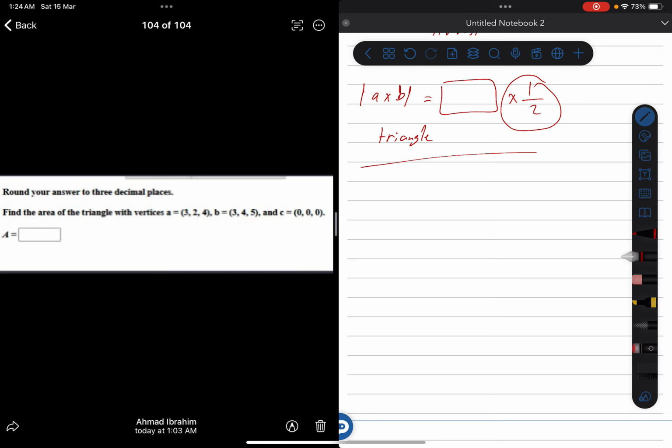Okay, because the area of rectangle is L times W, and area of triangle is half LW. Okay, so this one is triangle.